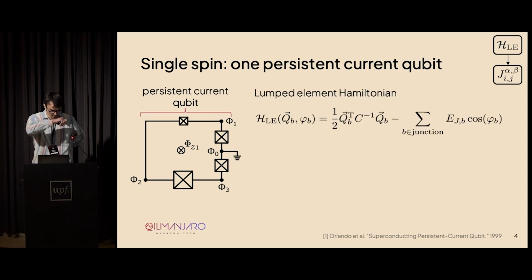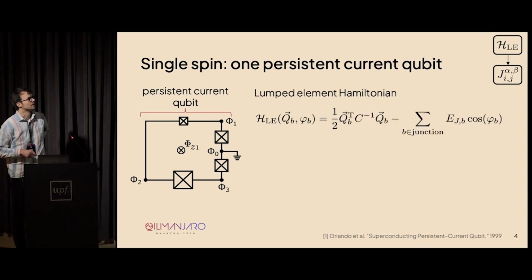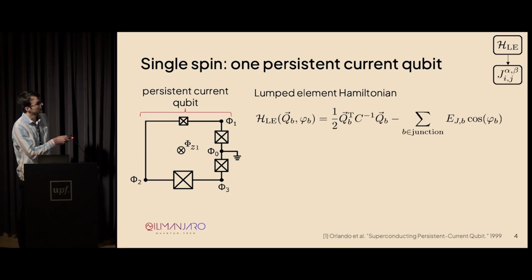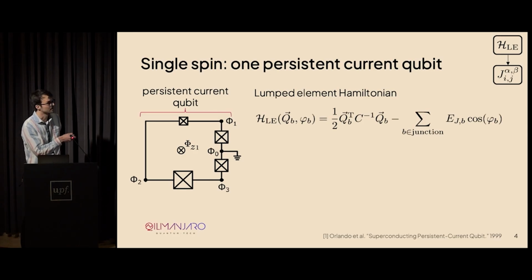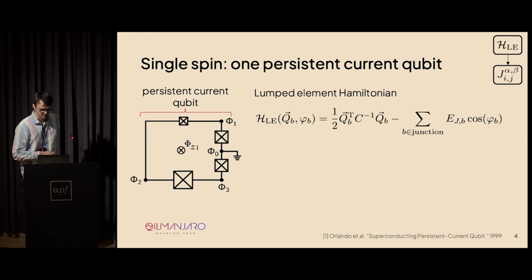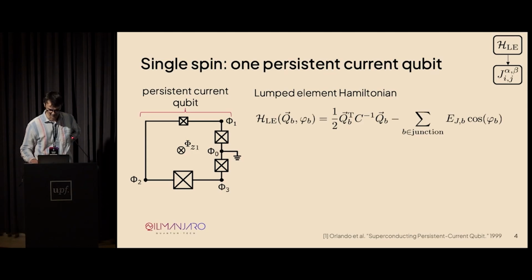And this corresponds to a lumped element Hamiltonian, which in general has this shape. It has some charge operators acting on these nodes, then the capacitance matrix, which brings in all the capacitances in the circuit, and then some nonlinear terms from the nonlinear potential of the junctions.